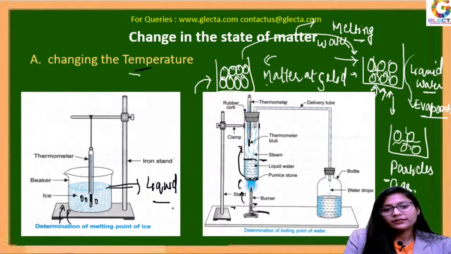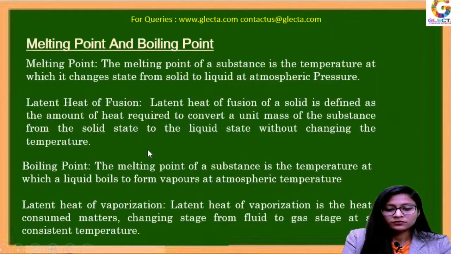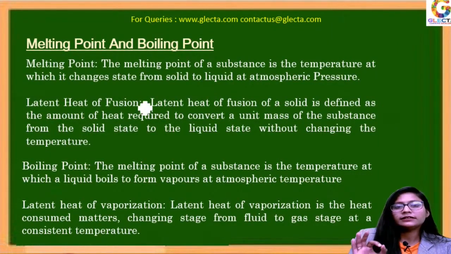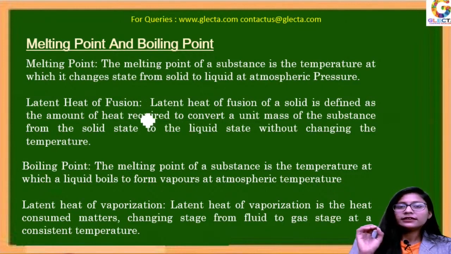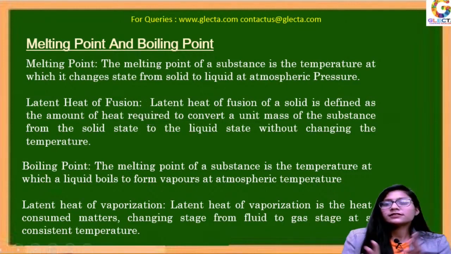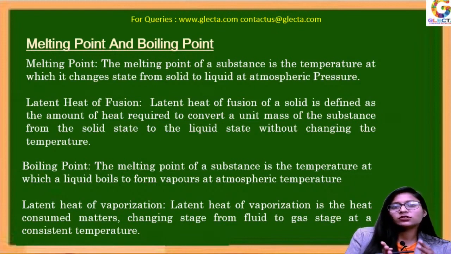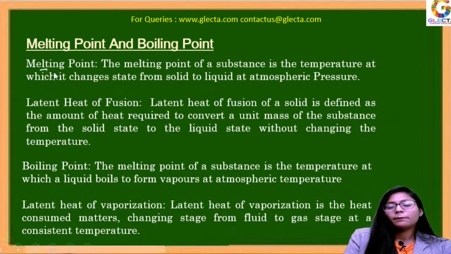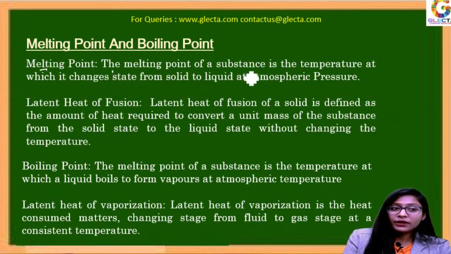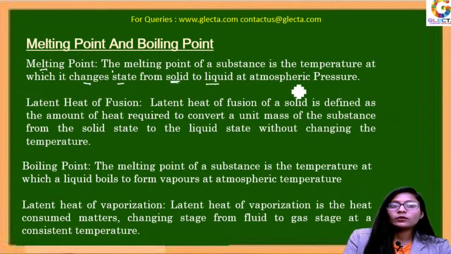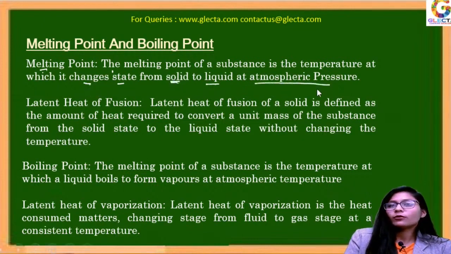So we have understood that one is melting. Melting is the process in which a substance converts into another state, for example, solid converting itself into liquid. Let's talk about the melting point. What is the melting point? It is the temperature at which a substance changes state from solid to liquid at atmospheric pressure.